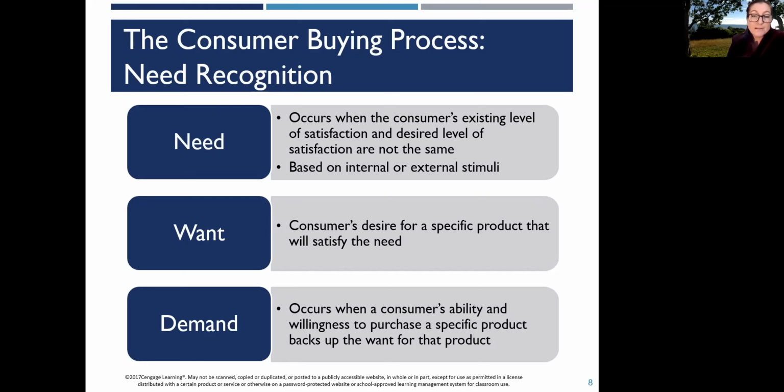So it can be based on internal stimuli or external stimuli. Whereas a want is about the consumer's desire for a specific product that will satisfy the need. And then demand, we're talking about when a consumer's ability and willingness to purchase the product backs up the want for that product.